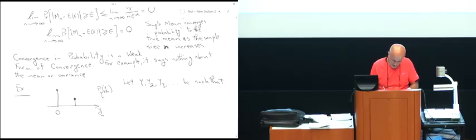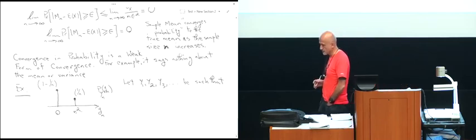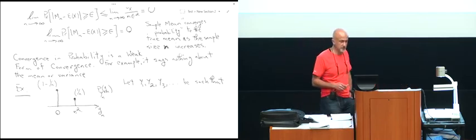It takes on the value 0 with probability 1 minus 1 over n. And with probability 1 over n, it takes on the value n squared. So I define a sequence of random variables that behave in this way.